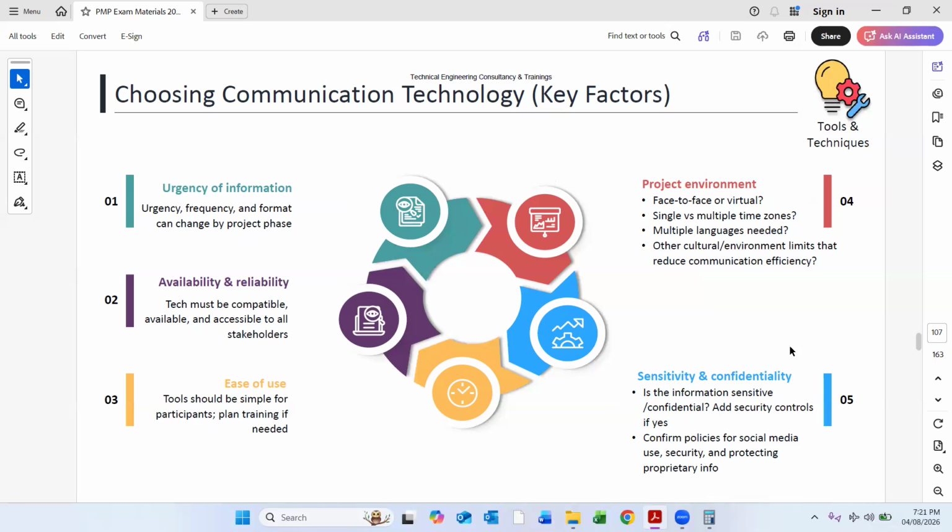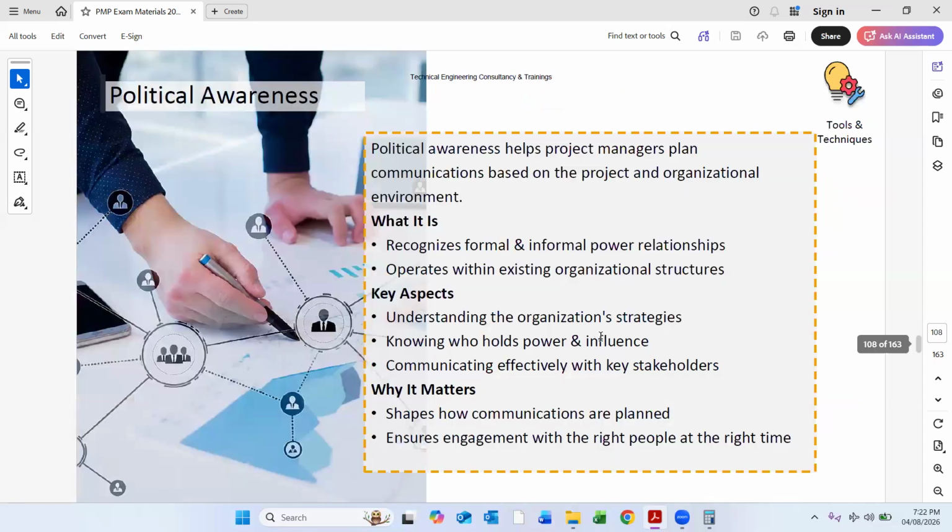Maybe some technology is paid. Some technology is freely available on different app stores. So this is how we choose our communication technology.